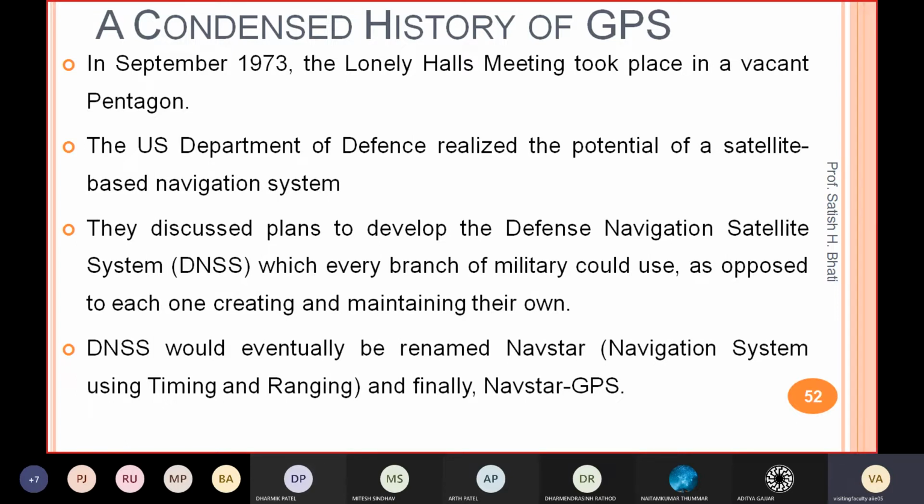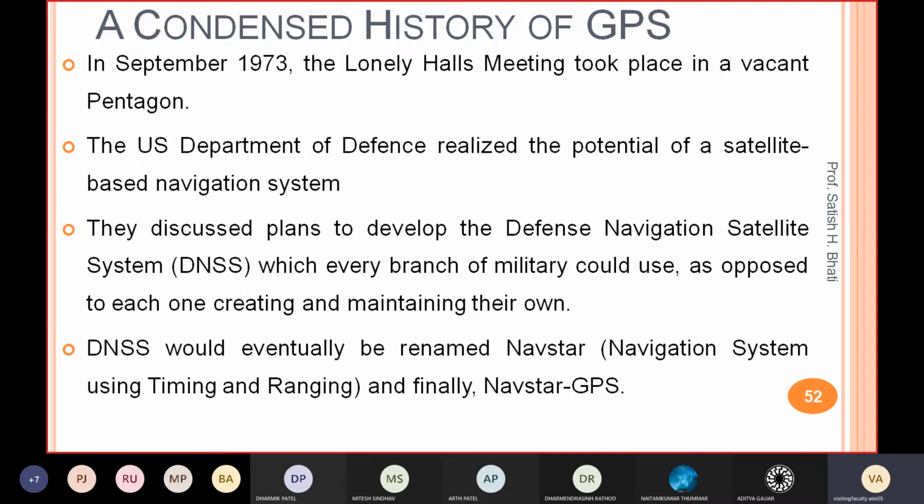They discussed a plan to develop a defense navigation satellite system, called DNSS, for all branches of the military, meaning the Navy, Air Force, and paramilitary, so that different branches do not have to create their own. If they have a single system, then it's easy to maintain.